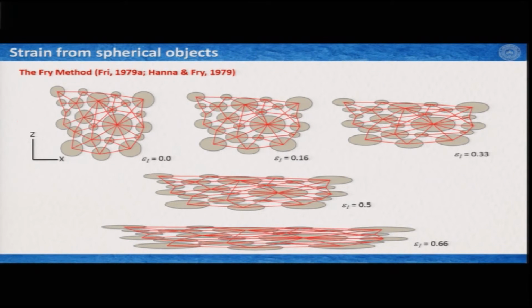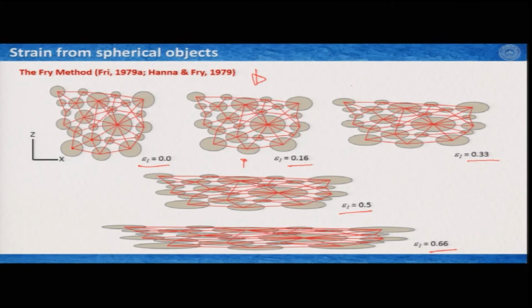These red lines, or network of red lines, are defining the distance from one center to another center of the neighboring circle. Now, in this setting, if I deform it by pure shear like this, the elongation along the x direction is 0, then 0.16, 0.33, 0.05 and 0.66. 4 incremental progressive deformation stages are given.